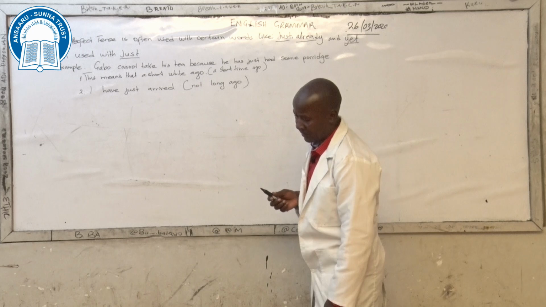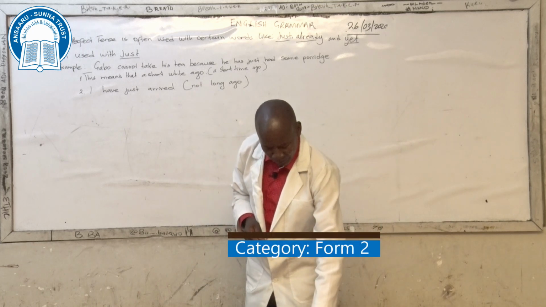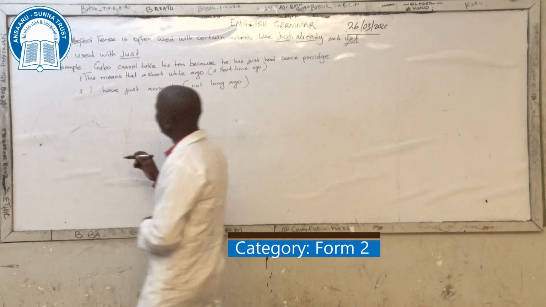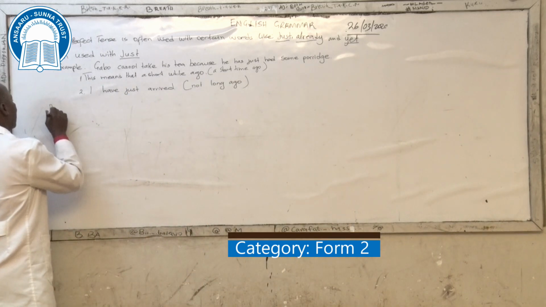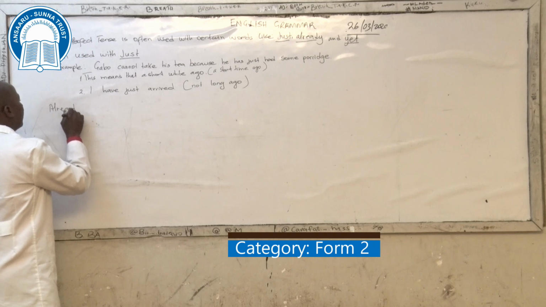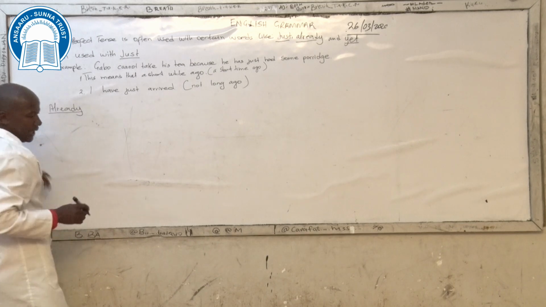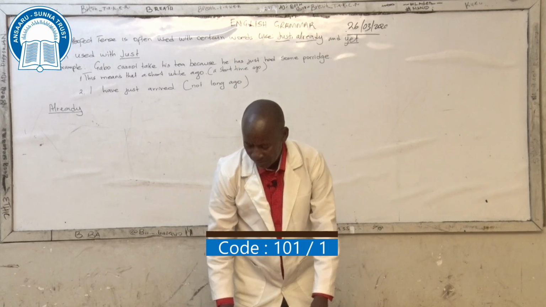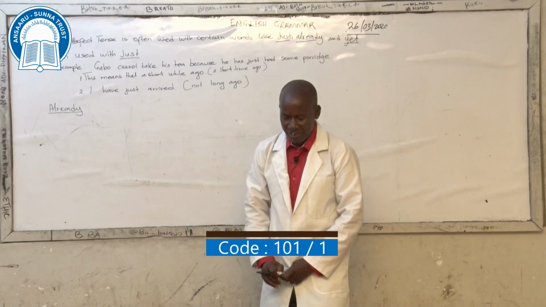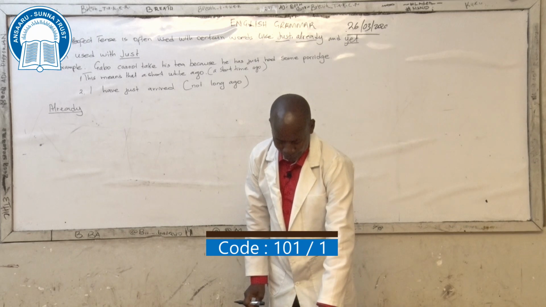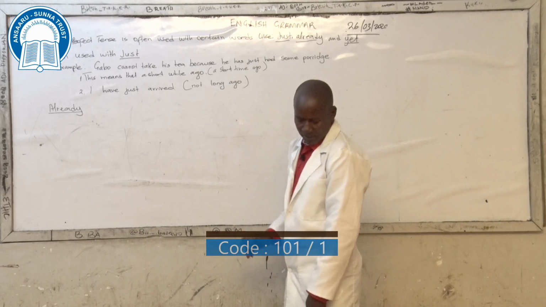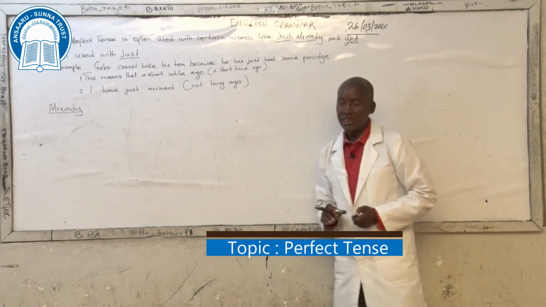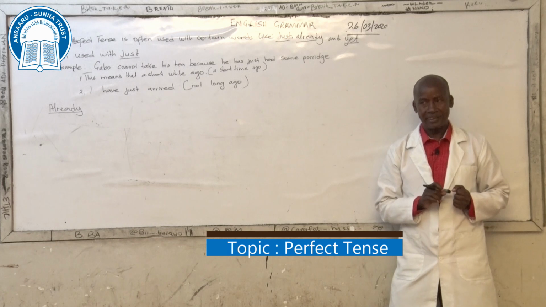And then we look at the other one that is called already. Yeah, we have already. What does the use of already imply? It implies that something happened sooner than expected.